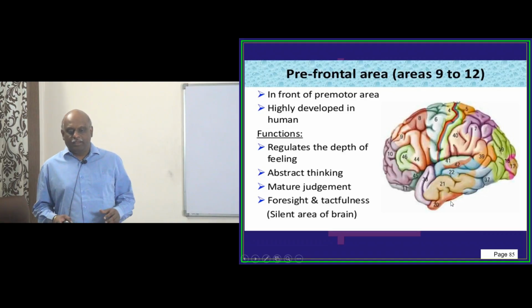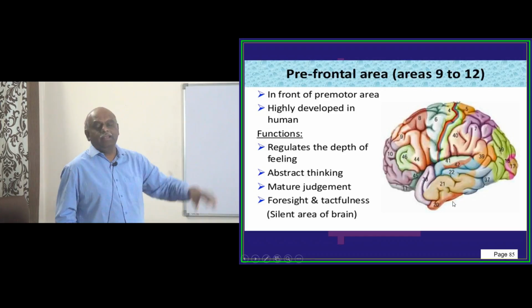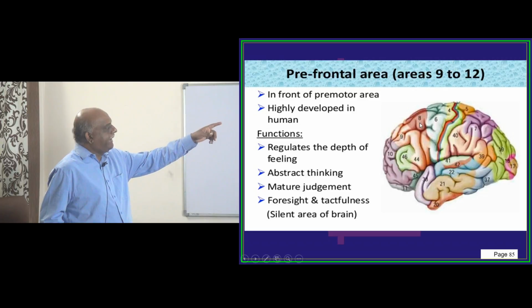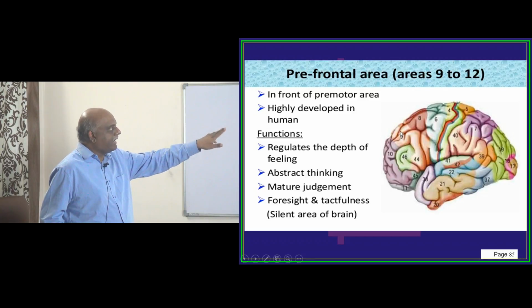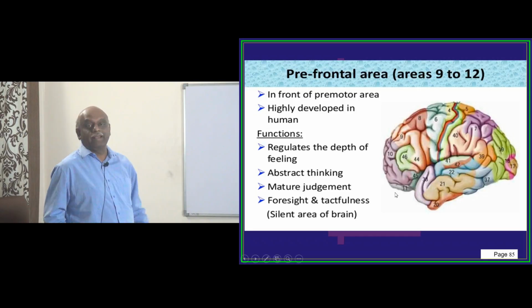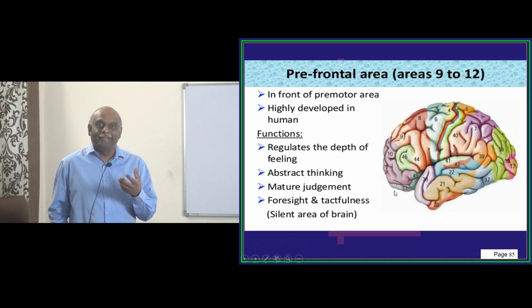Then in the prefrontal area you have areas 9 to 12. That is, the premotor areas are 6 and 8, and in front of them you have 9, 10, 11, 12. So what do all these do? Human beings are different from monkeys and chimpanzees. Why?